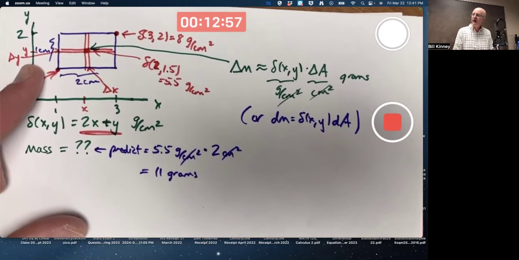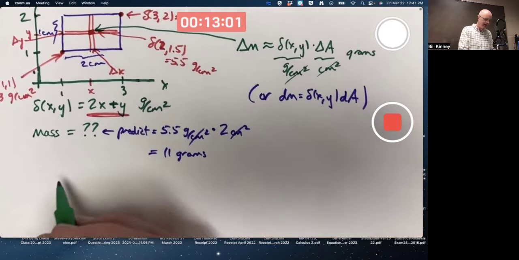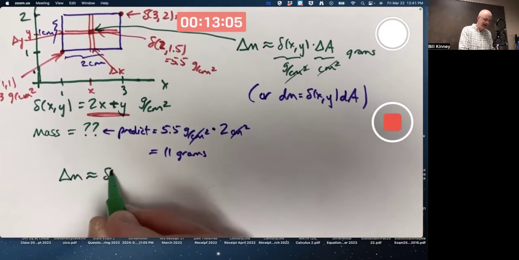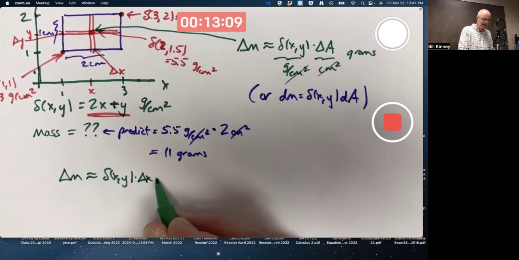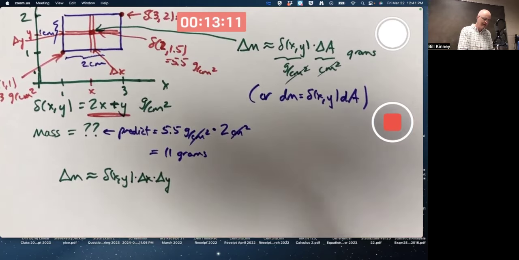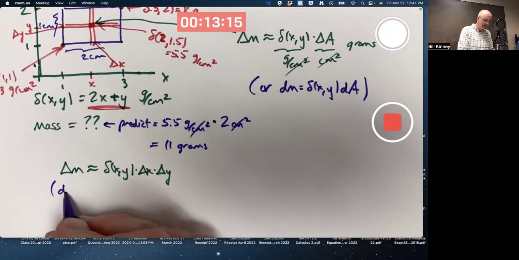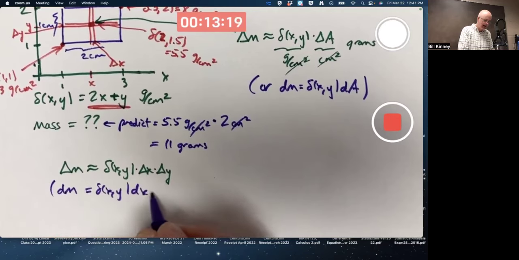It's delta x times delta y. Go down here, delta m. It's then going to be approximately delta of xy, that function times capital delta x times capital delta y. In an infinitesimal version, dm would be delta of xy dx dy.